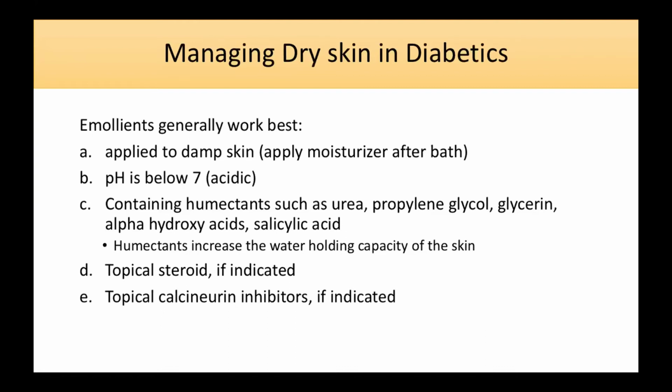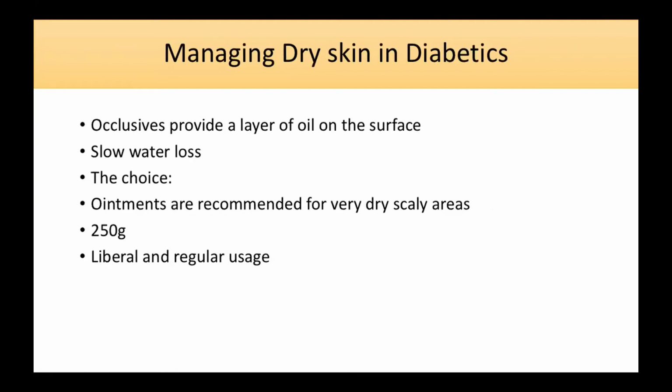Of course, if you need, then you probably need to apply topical medication like steroids. I know there's a lot of steroid phobia now, but if it's indicated, you still need to put it, provided you treat the infection as well. And if you want a steroid sparing effect, you can use topical calcineurin inhibitors to treat the inflammation.